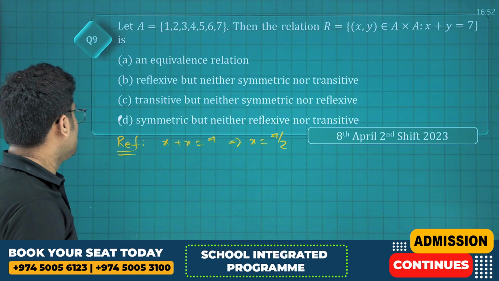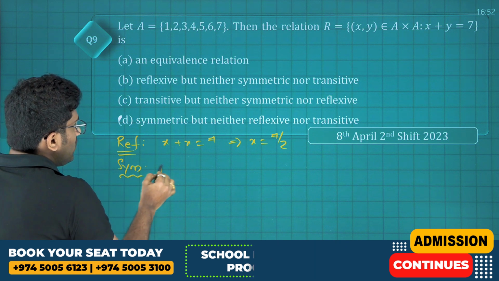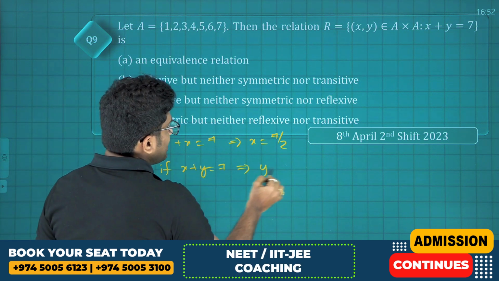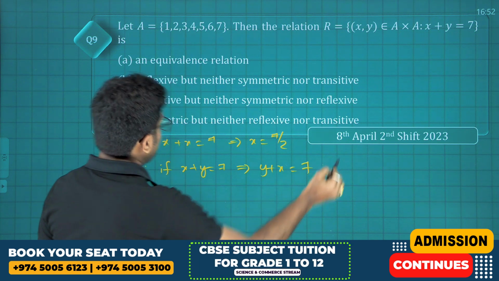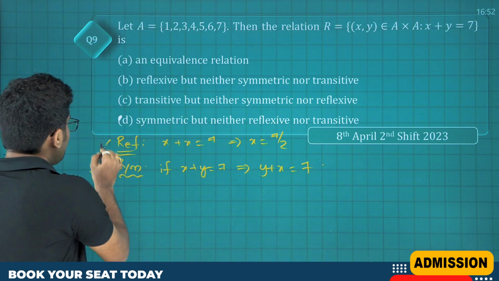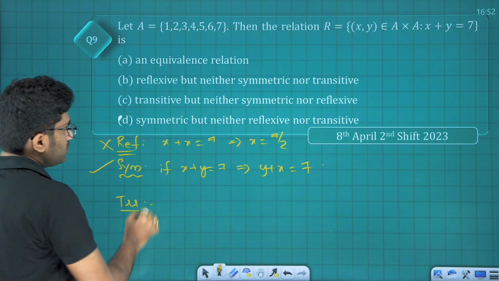Symmetric. Friends, common sense. If x plus y is equal to 7, for sure y plus x will also be equal to 7. So it is symmetric but not reflexive. Now we'll check for transitive.